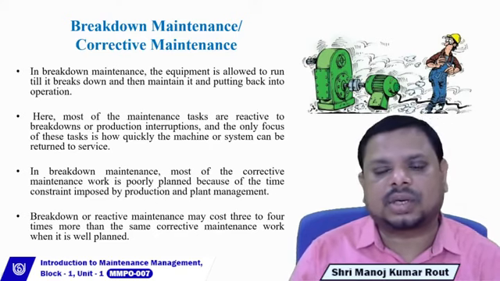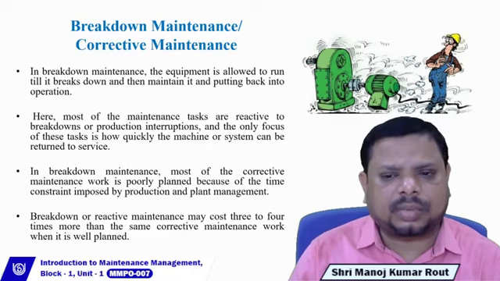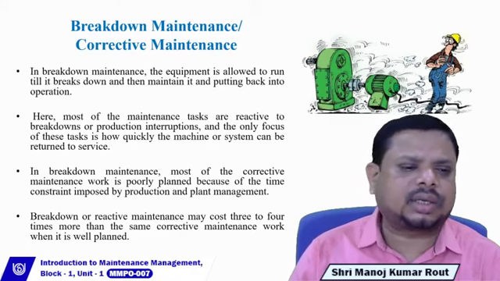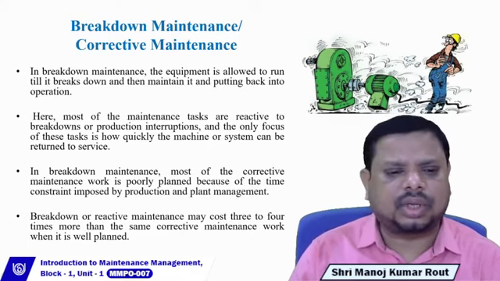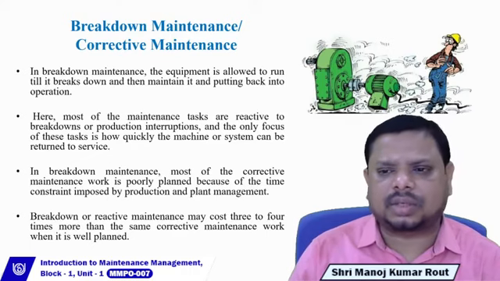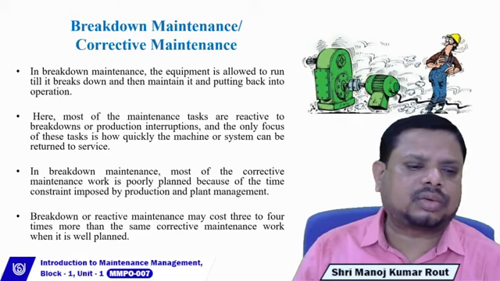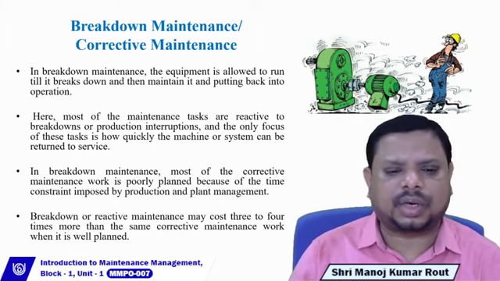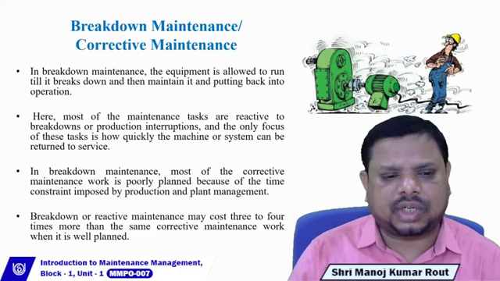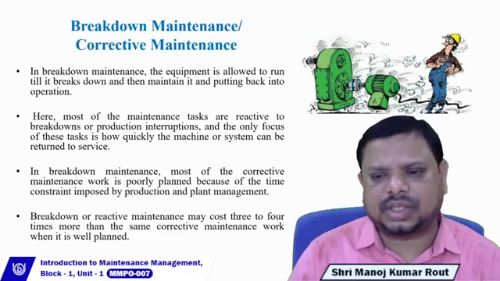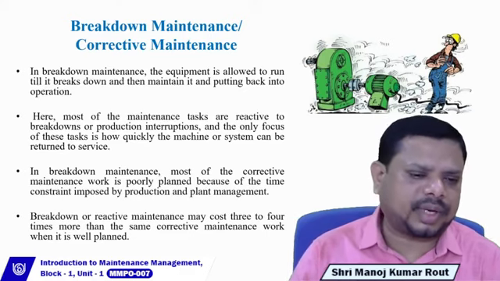Some machines consist of very complex spare parts. In that case, the time constraint is there, so they can directly interrupt the entire production process. To avoid those cases, the decision is imposed by the production plant management. Most of the time the decision is made by the top level of management.